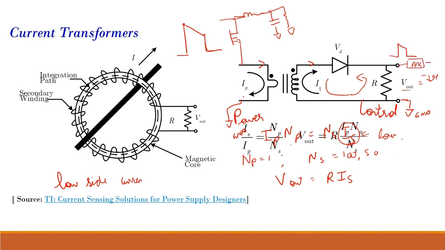In usual practice, the ADC is single-ended, so it will accept voltage approximately between 0 to 3.3 volt. It will not accept negative voltages. So to prevent the negative signal from coming over here, that is why we have this. We don't want it to become negative.